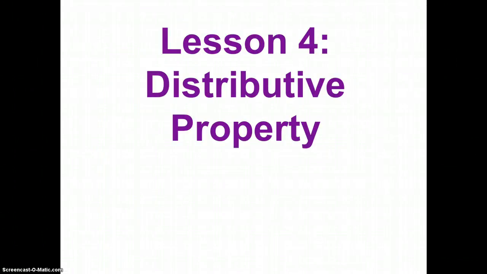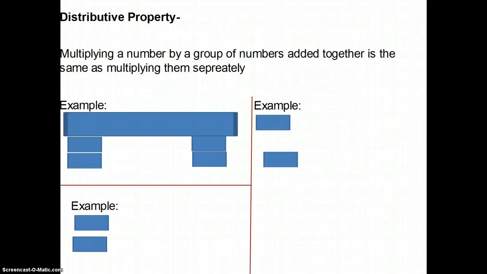So, what is the distributive property? The distributive property says that multiplying a number by a group of numbers added together is the same as multiplying them separately.